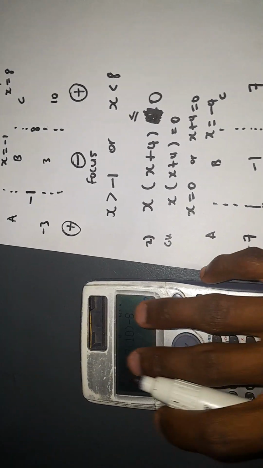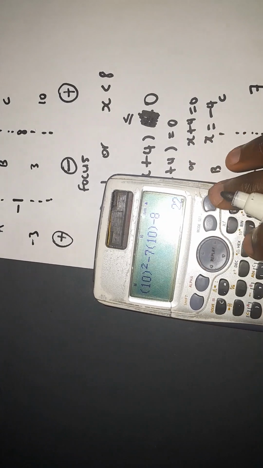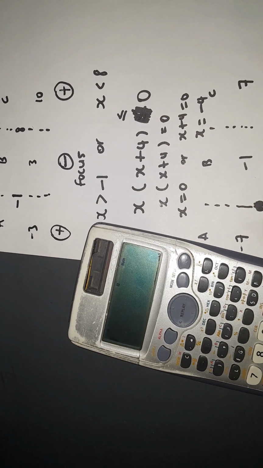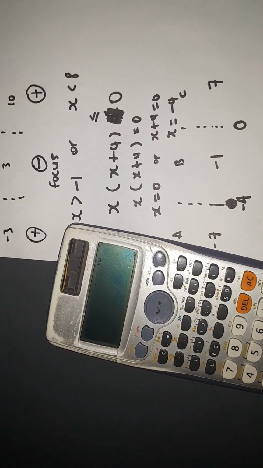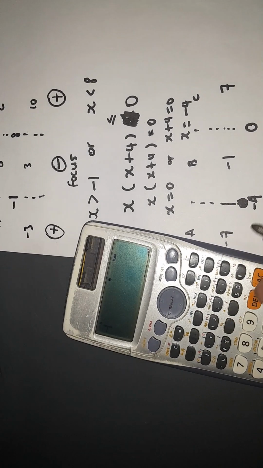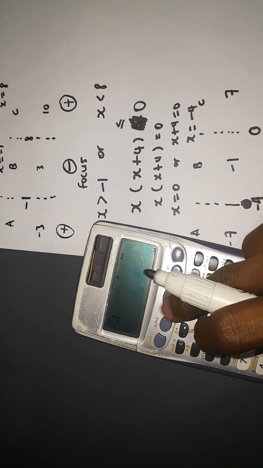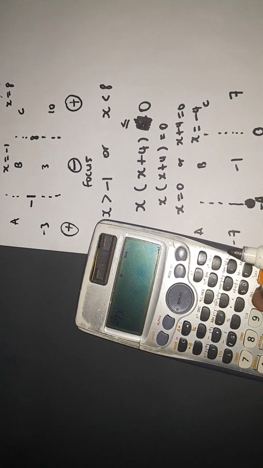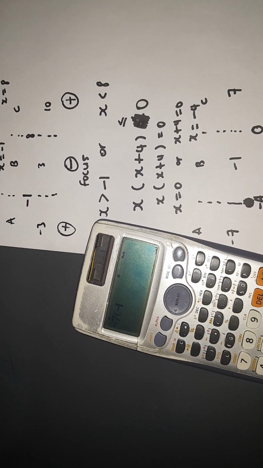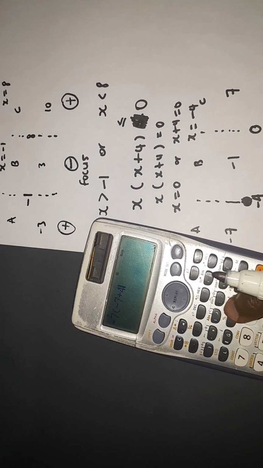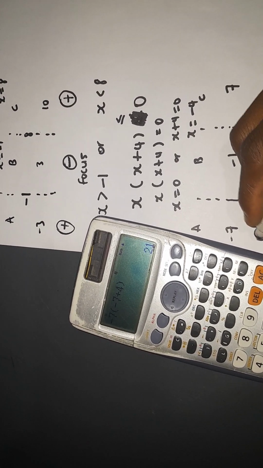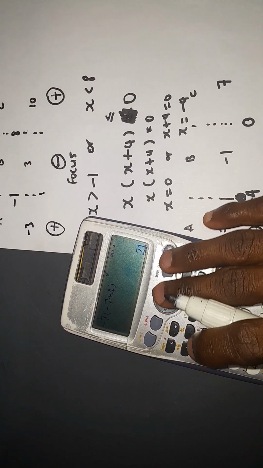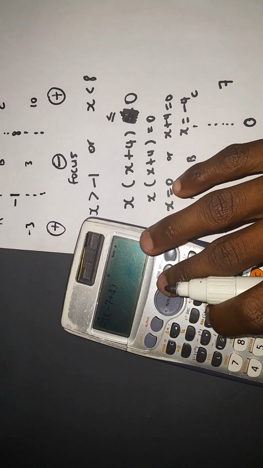So now let's try to substitute any of these numbers inside this formula or equation. So now it's -7, -7 plus 4. So our answer will be a positive number. So now let's try -1.